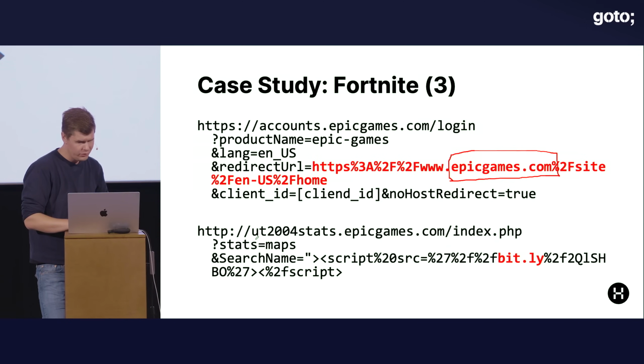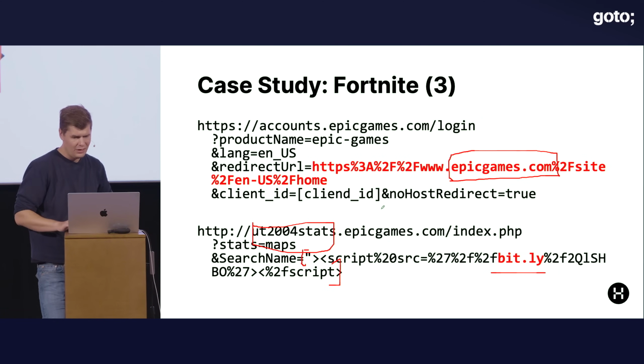And so what they did was that they used this vulnerable application, UT 2004 stats.epicgames.com, and they just pasted in a little script that they created on their own in this search name parameter. If you take a look at what's here, it says script, %20 is the URL encoded version of a space, then the source, and the source then points to a script that's hidden behind this bit.ly link.